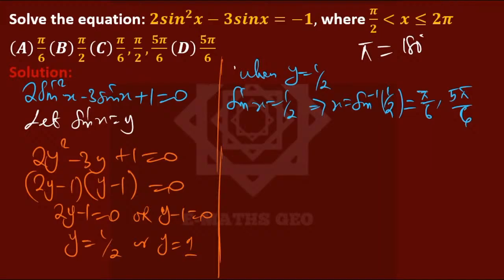So that is it for when y is half. When y is 1, sine x is equal to 1, which implies that x is arcsine of 1.